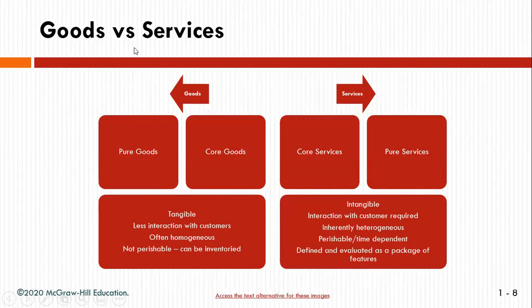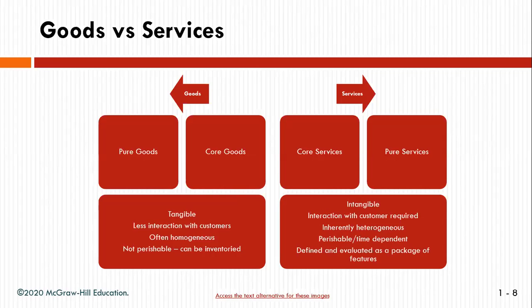So the product in general: any company provides two types of, shall I say, good and service, or a mix between them. You have the pure goods and you have the extreme pure services.